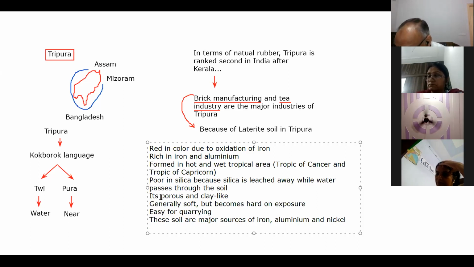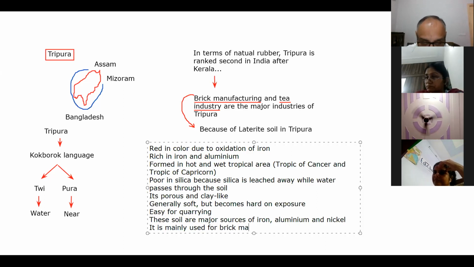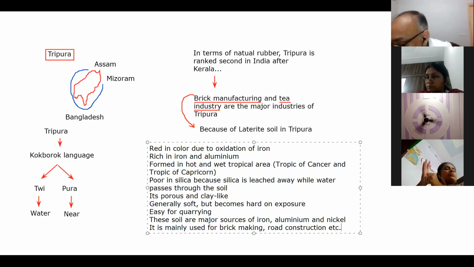It is mainly used for brick making, road construction, etc. So ये कंस्ट्रक्शन पर्पस के लिए ज्यादा सूट करती है ये वाली जो सॉइल रहती है, इसके लिए ज्यादा यूजफुल रहती है, ठीक है?